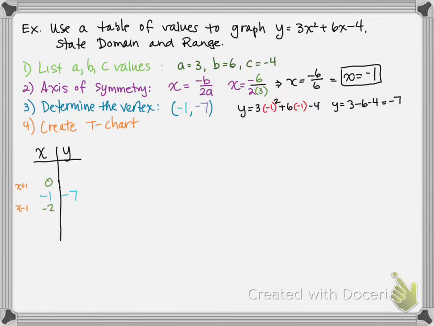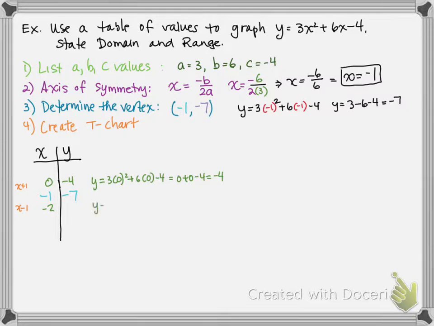Now, I'm going to calculate this answer. So y equals 3 times 0 squared plus 6 times 0 minus 4. So I get 0 plus 0 minus 4 equals -4. Now I'm going to prove to you that this actually does work.